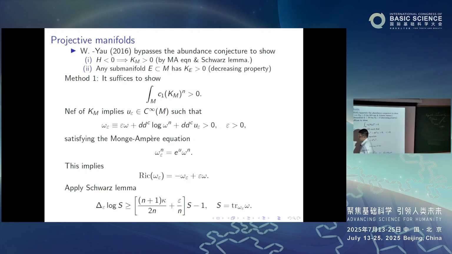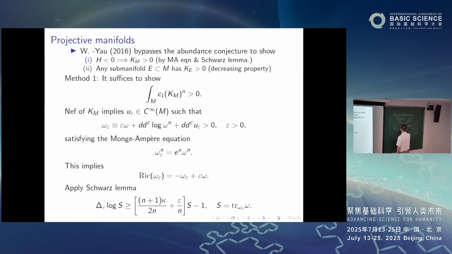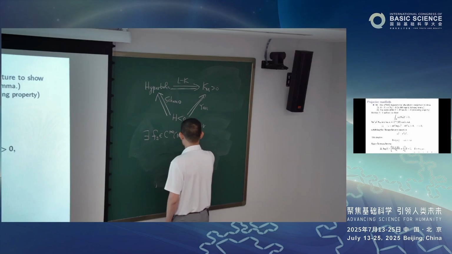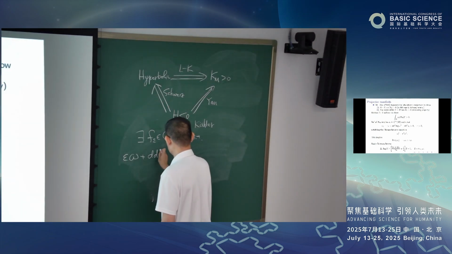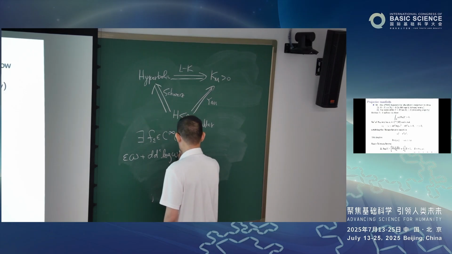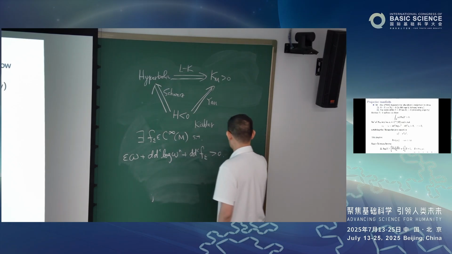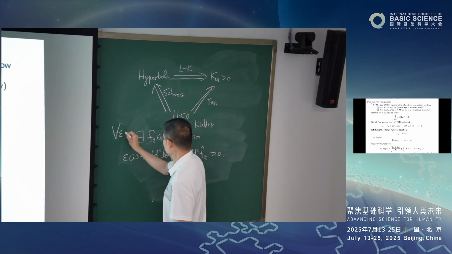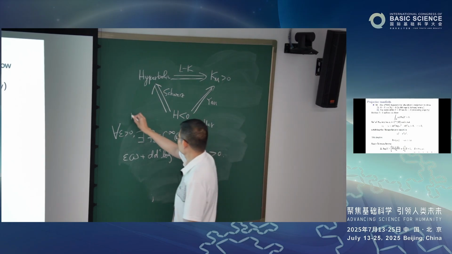Net means that you can find a metric on this Km, say there exists Fm, such that epsilon plus EDC log omega n plus EDC F epsilon is greater than 0 for any epsilon. Right. So this is where net is used.